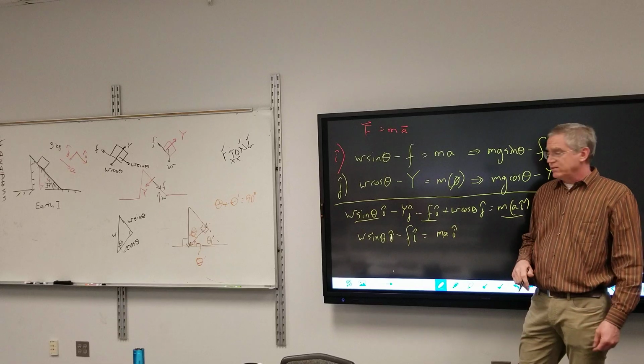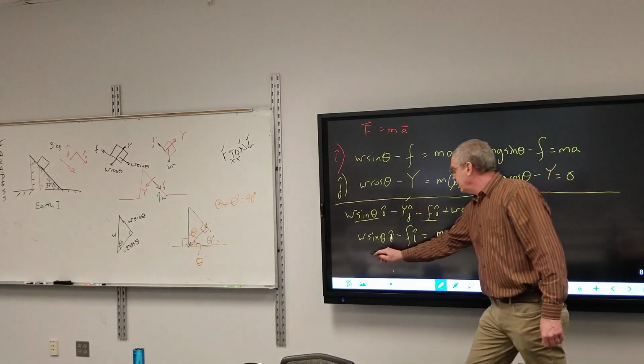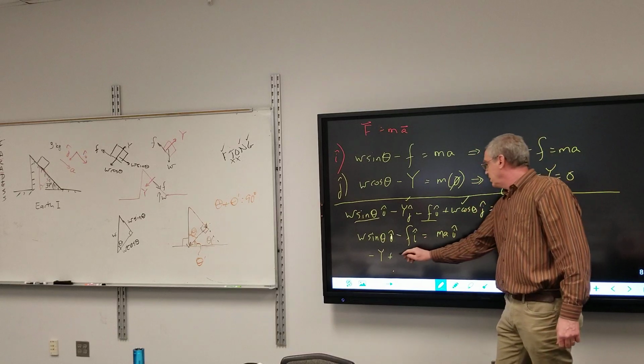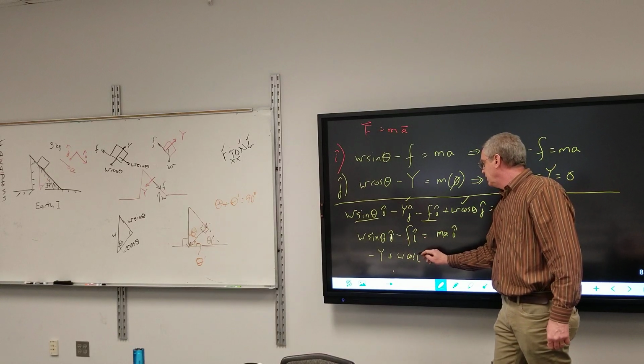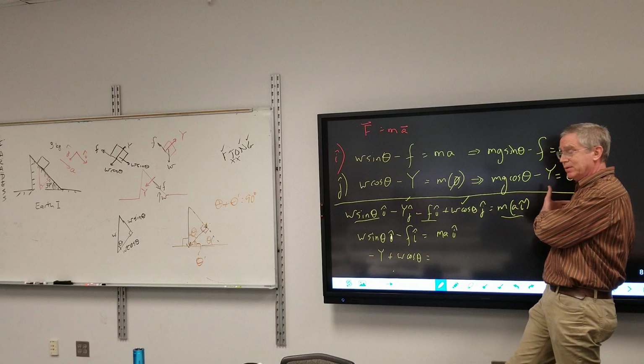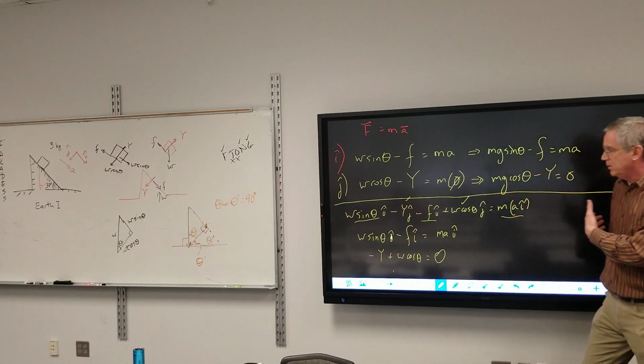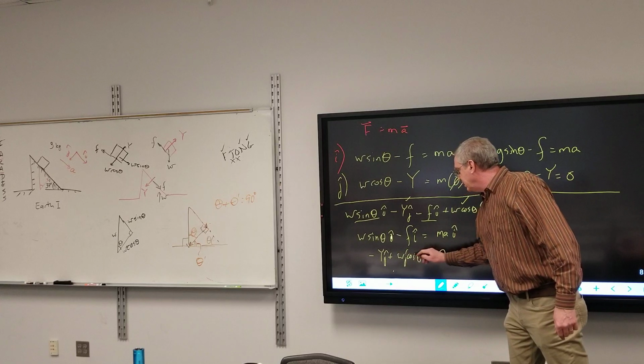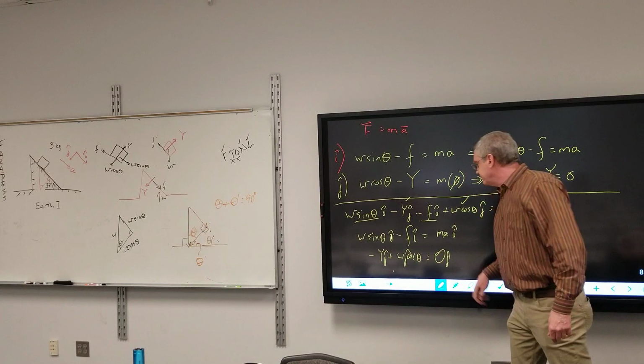So those are my I hats. My J hat equation is this: I have negative Y plus this one, W cosine theta, is equal to, well, I don't have any J hats on the other side, so it's 0. No, sorry, J hat, J hat, J hat.